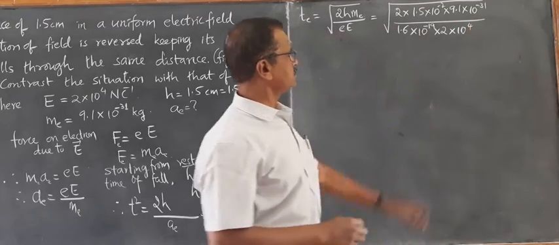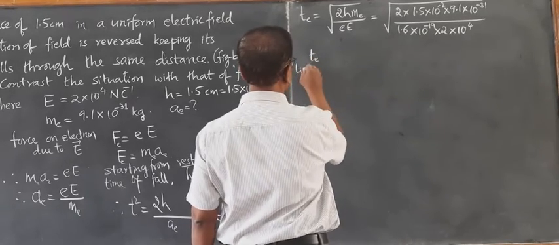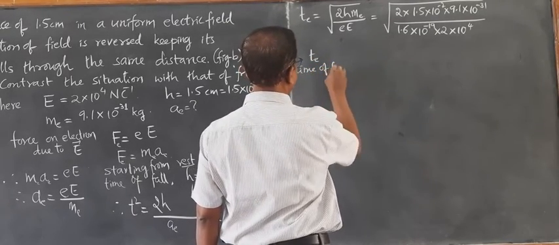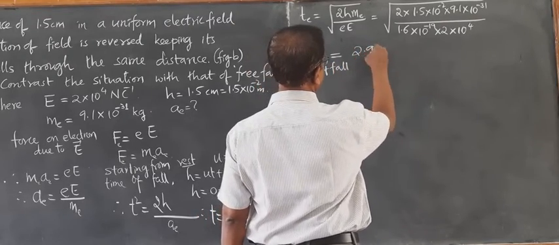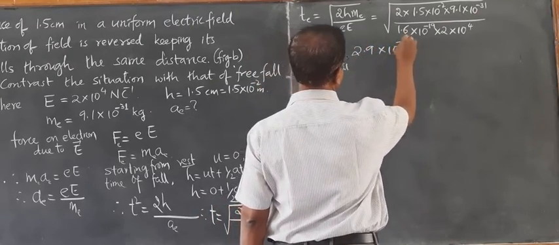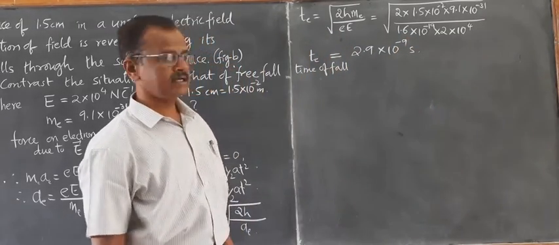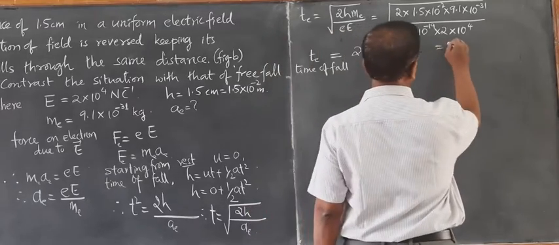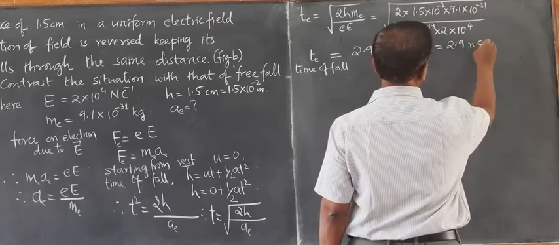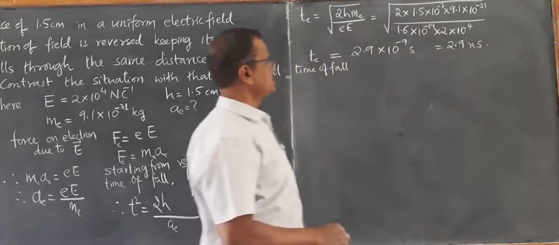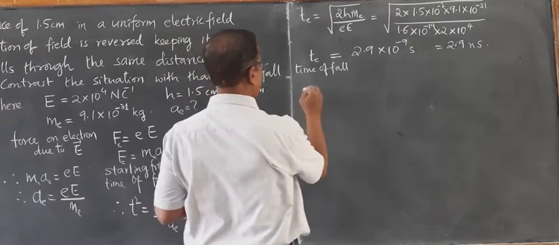If you calculate this, time of fall of electron comes out to be 2.9 into 10 to the power of minus 9 seconds. You can write 2.9 nanoseconds. In the same way, we can calculate time of fall of proton in the second case, t_p.